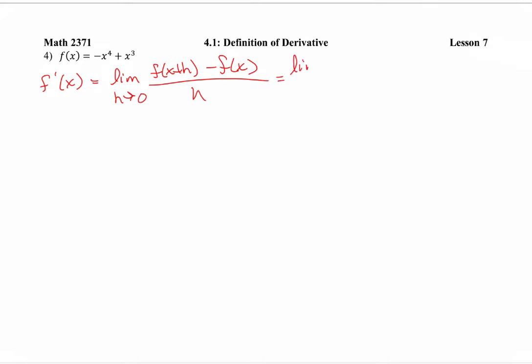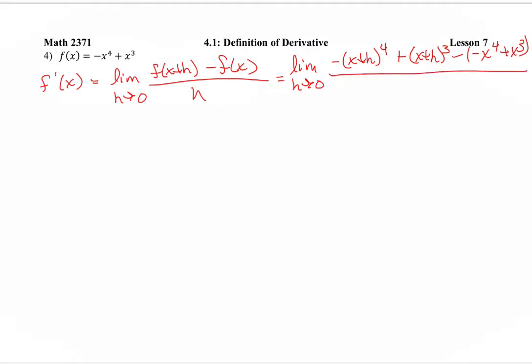So that equals the limit as h goes to 0 of minus (x plus h) to the fourth plus (x plus h) to the third minus (minus x to the fourth plus x to the third), all over h.